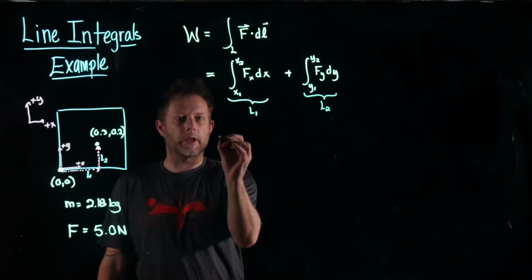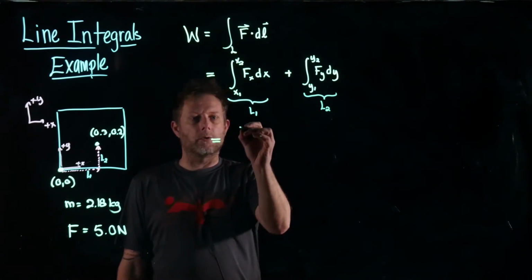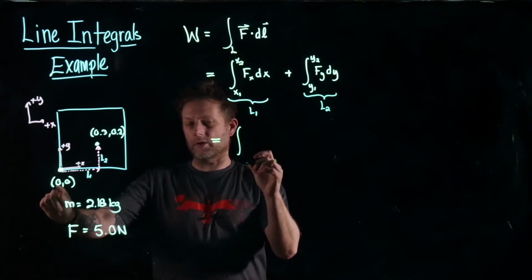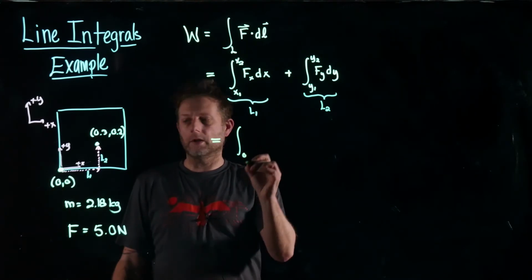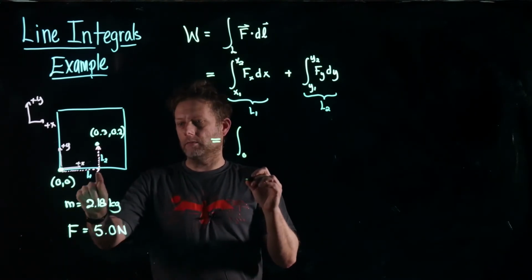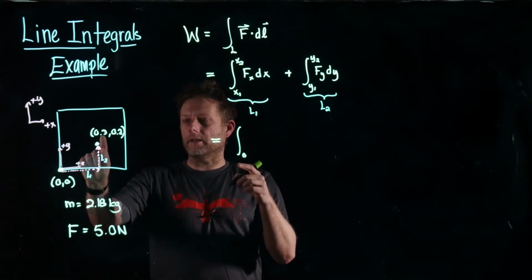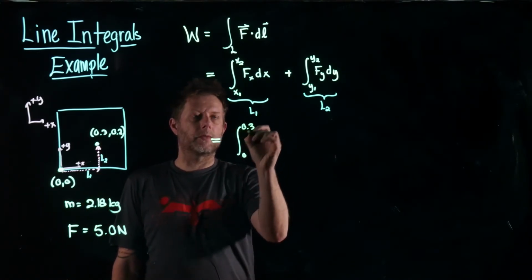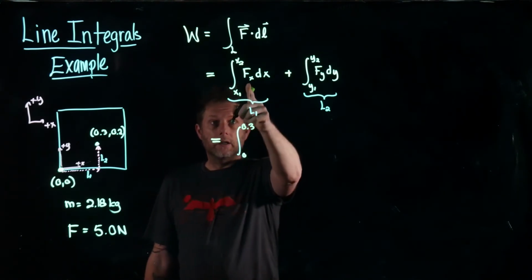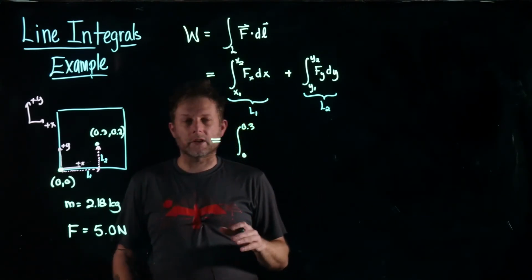So let's see what we can do with that. Now x1 is our starting x coordinate. That is 0. We're ending up at this point here for path 1, or segment 1. That is x equals 0.3. The x component of the force, well, it's a constant force.